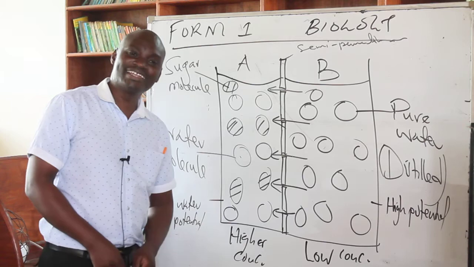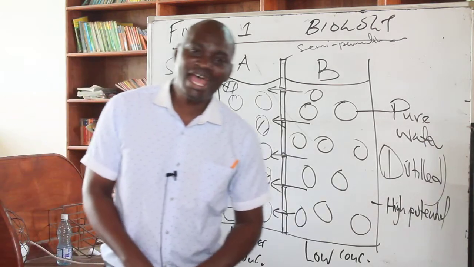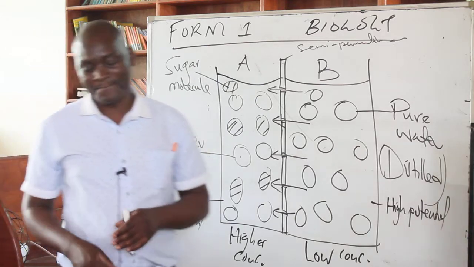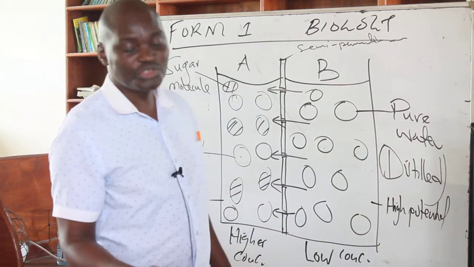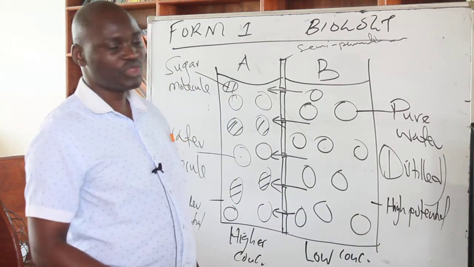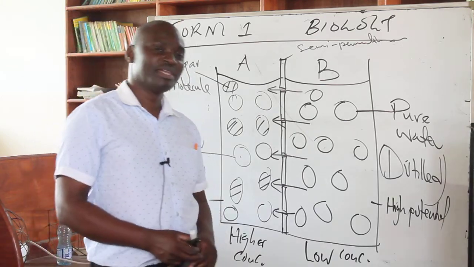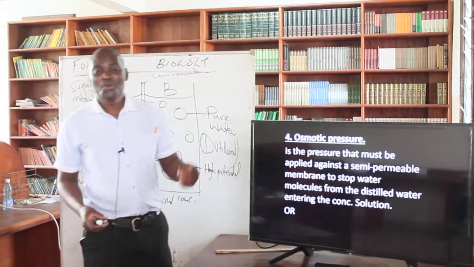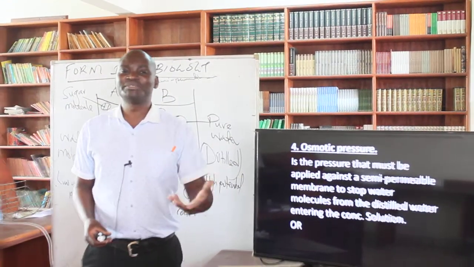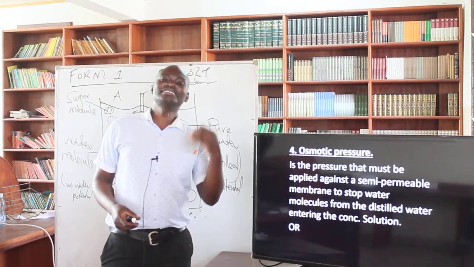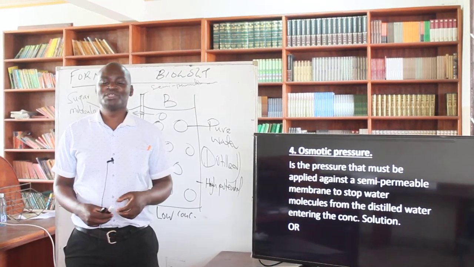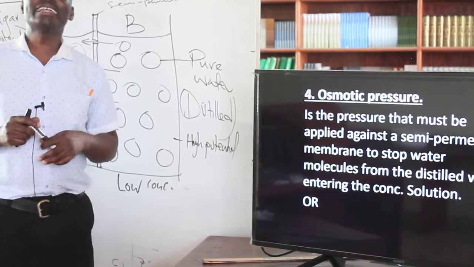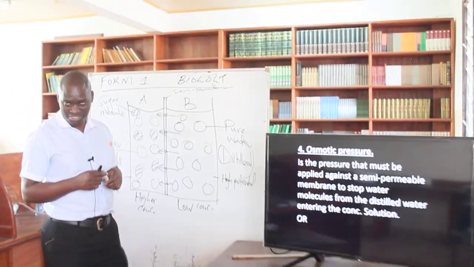When we talk of osmotic pressure, we are talking of the pressure that must be applied against a semi-permeable membrane to stop water molecules from the distilled water entering the concentrated solution.